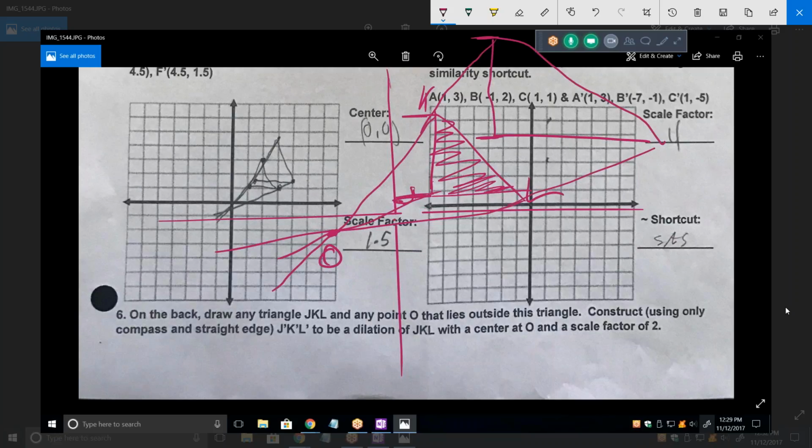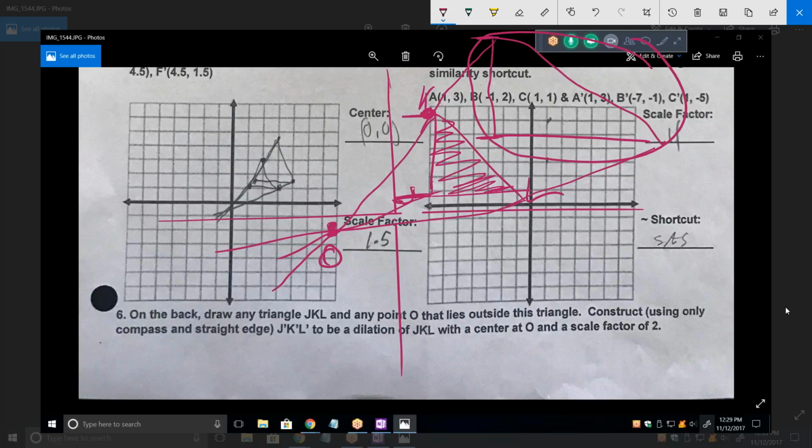Let's see what they're asking here. Draw any triangle. I do JKL and any point O. Construct using only a compass and a straight edge. Well, how would I figure out where to place that using a compass? That's an idea. Well, you measure the point from the center of dilation. Remember what a compass is.